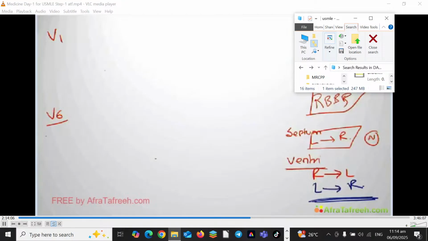This electricity conduction will happen through the muscles, because it cannot happen through the conduction fibers, because the conduction fiber is blocked. When electricity is conducted through the muscles, it is very slow. Okay? When it is very slow, it will get depolarized after the left ventricle gets depolarized.